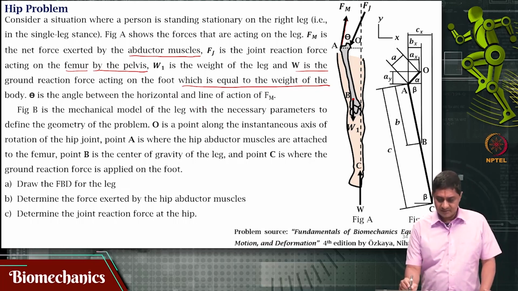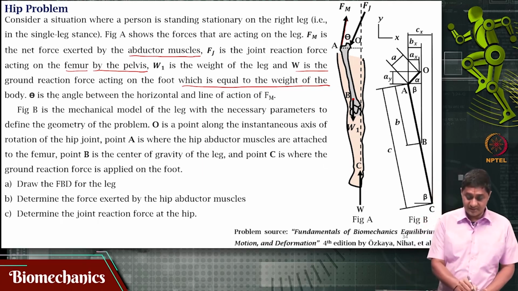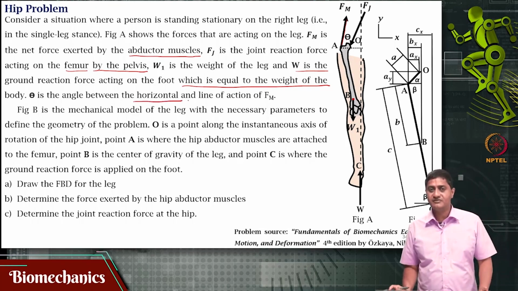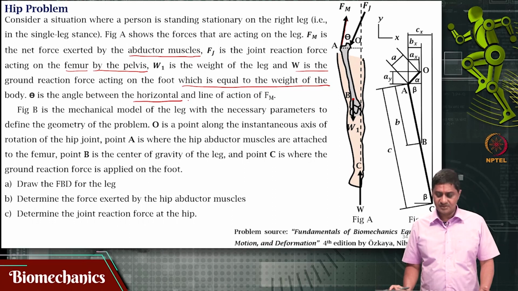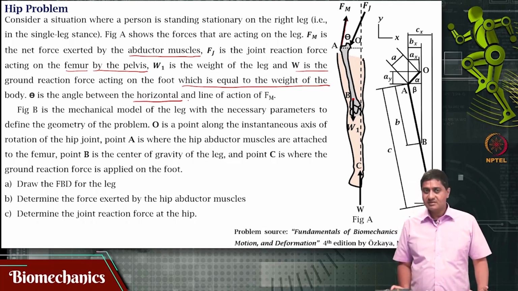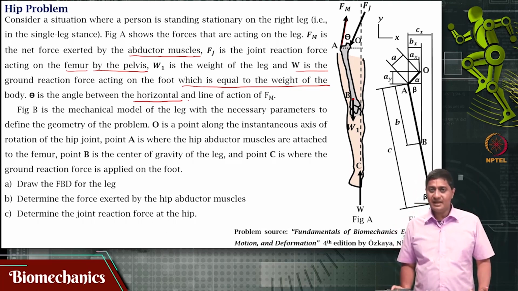Theta is the angle between the horizontal and the line of action of the muscle force Fm. Figure B shows a simple mechanical model of this leg with the corresponding parameters to define the geometry of this problem.